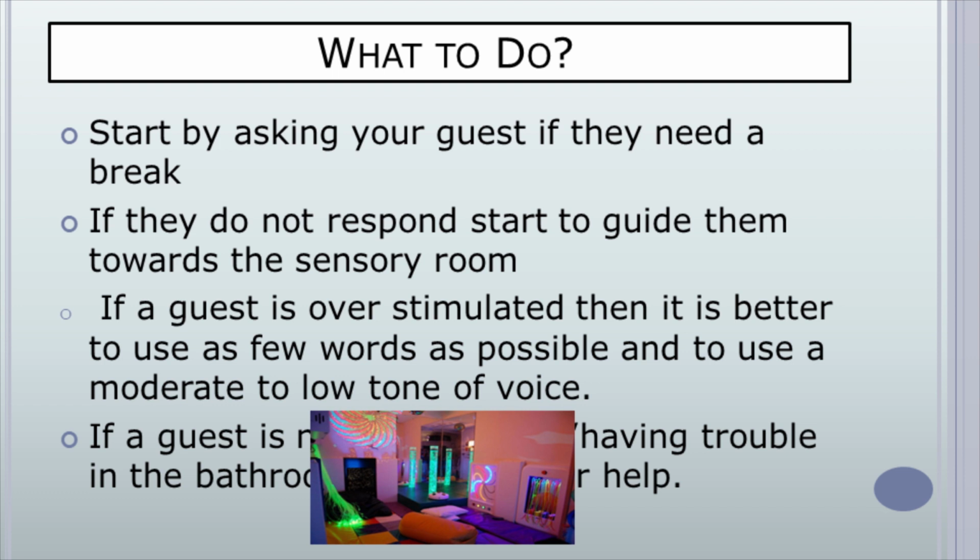So what I do is I really bring my voice down like this to a whisper, make it quiet. And then as you're guiding them to the sensory room, try not to talk too much to them because they're trying to get away from noise. And if you're talking and tell them, oh, it's okay, don't worry, it can agitate them more. So the best thing to do is to just stay quiet. Tell them you're taking them for a break, and then to just quickly get them to the sensory room with help.